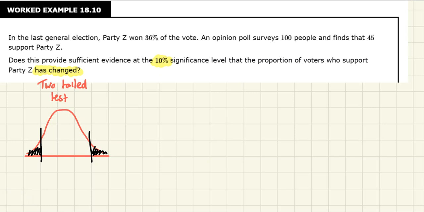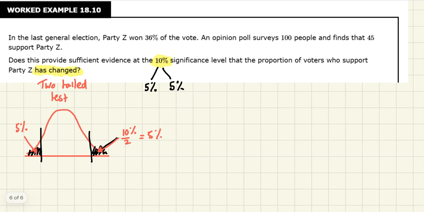What is important is that this 10% gets split into two lots of 5%. Instead of a critical region of 10% up here, we have 10% split in two, so 5% this end and 5% that end.